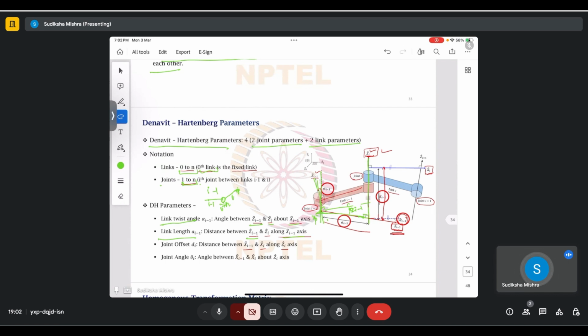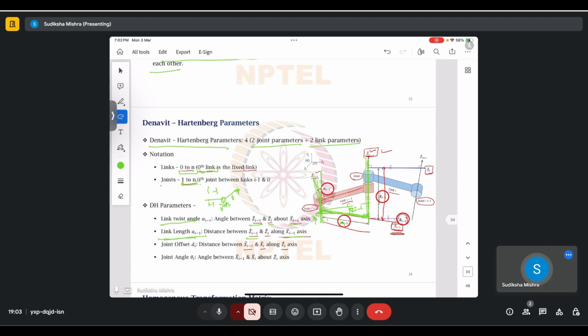So if these two coordinates are cutting the x-axis at 2 points, the 2 points of cut are considered as the link length. Next is the joint offset, or di, which is the distance between xi minus 1 and xi along the zi axis.